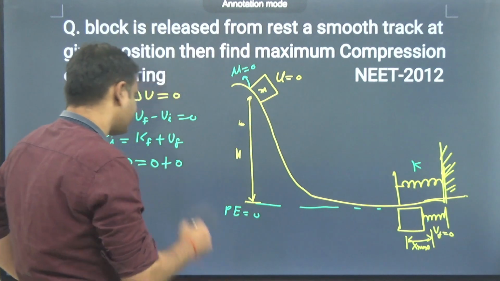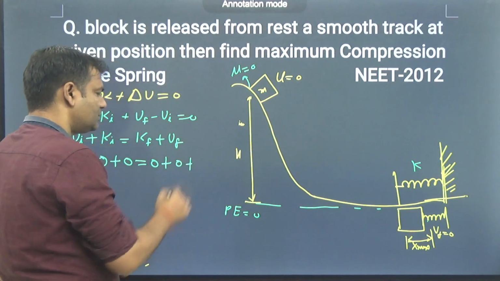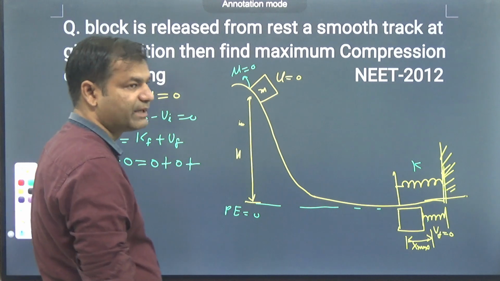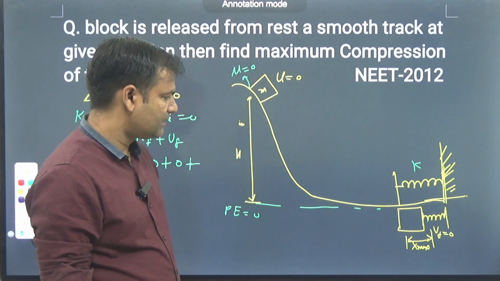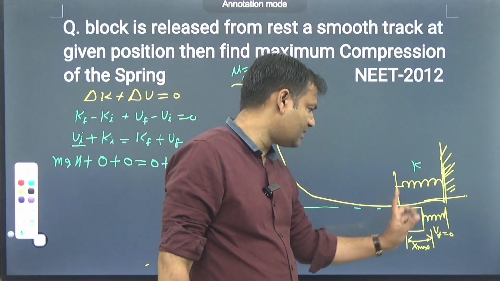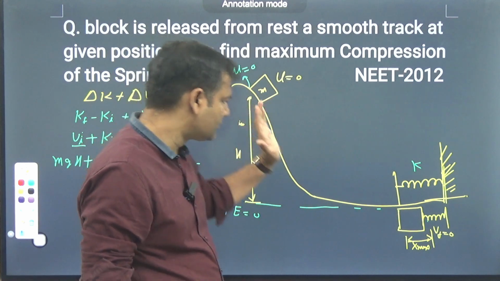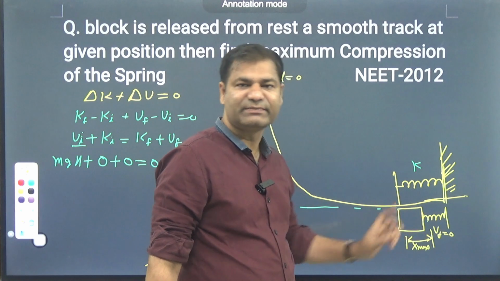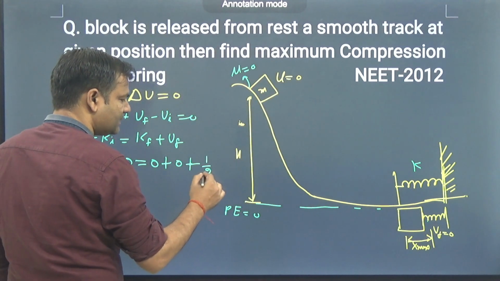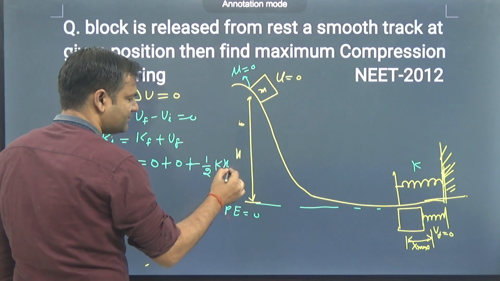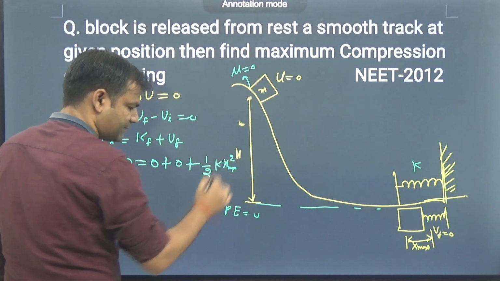And last, what about potential energy due to spring? The maximum compression of the spring is x max. So you write half k x max squared.